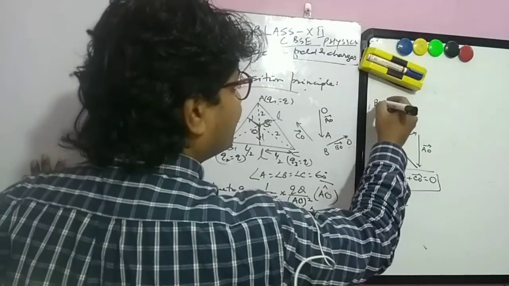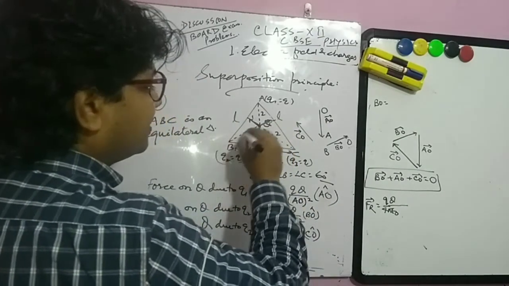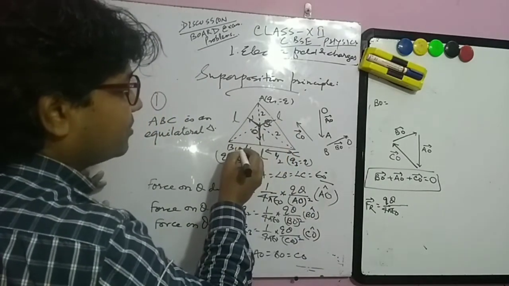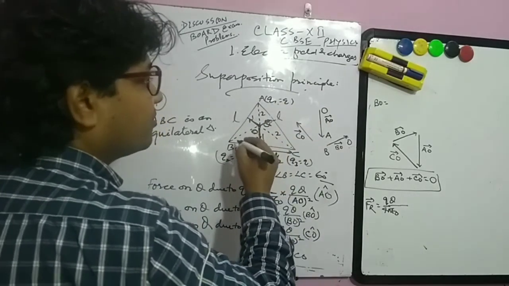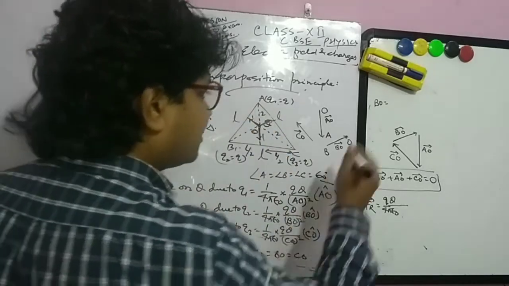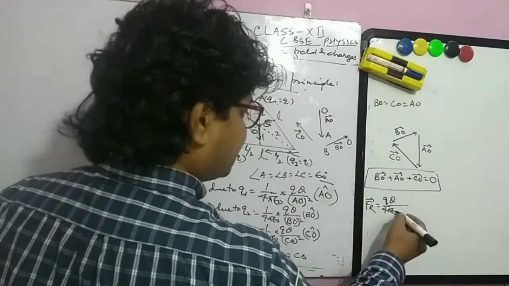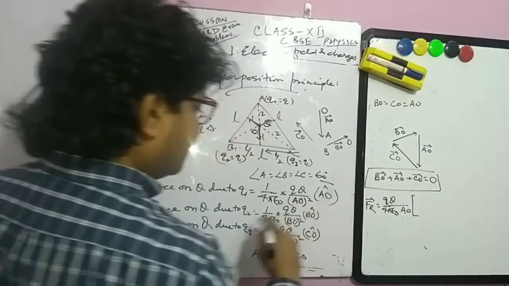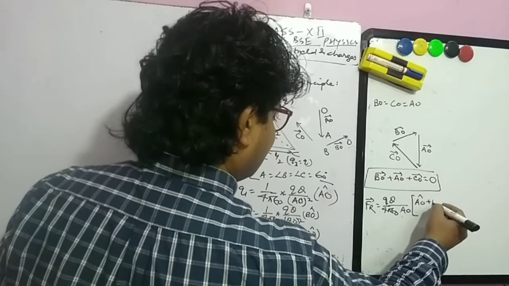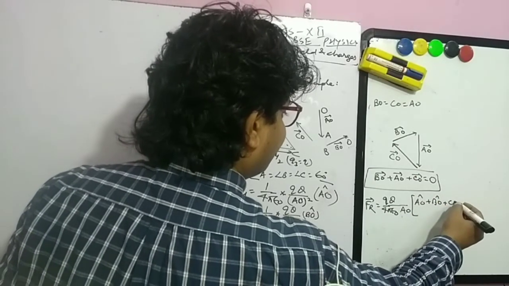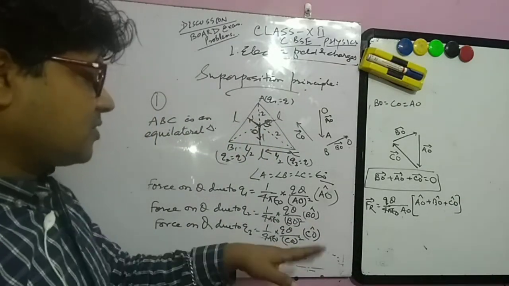BO will be equal to, this is BL and this is L by 2, so we can calculate BO. All the distances are the same, so we can take AO. Now what we are getting here is AO vector plus BO vector plus CO vector.